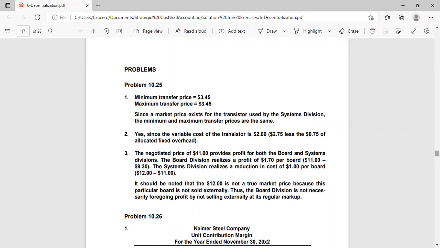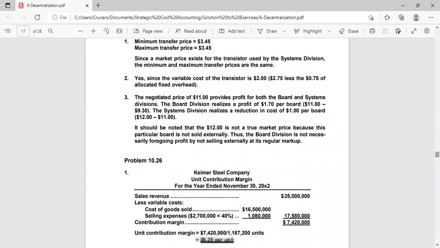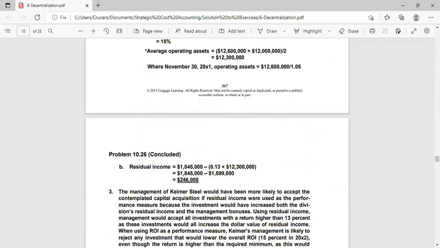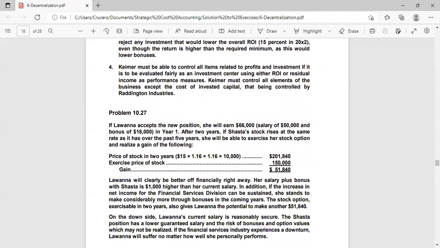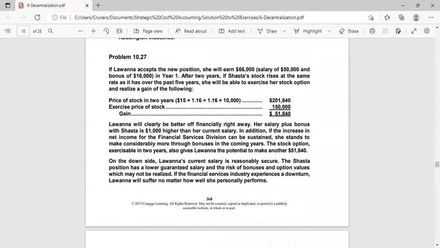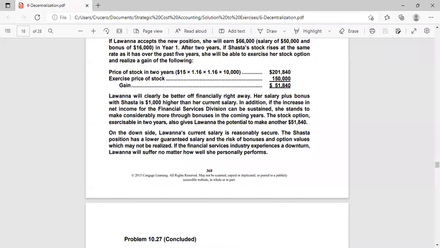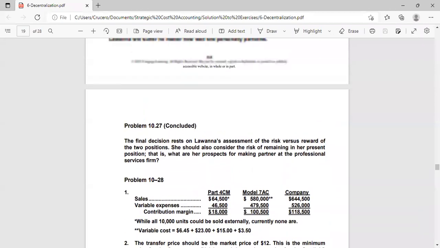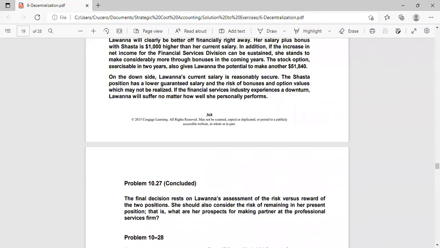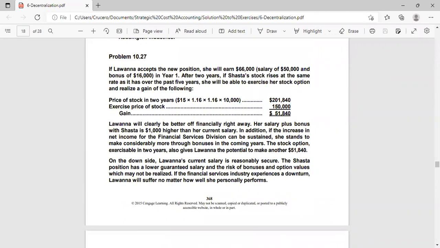Then another problem I gave you for your assignment is problem 27. Okay, so we have problem 27 included. What are the requirements of problem 27?